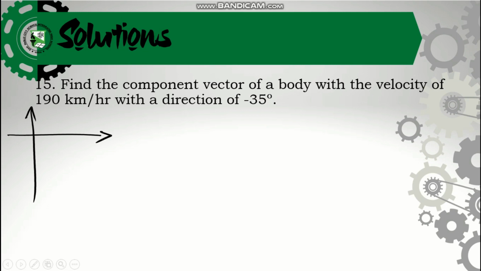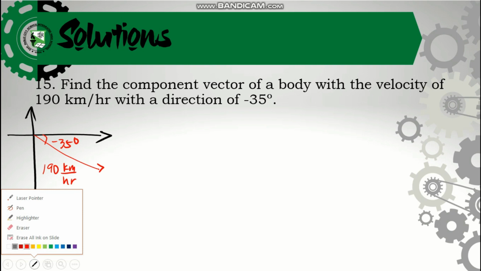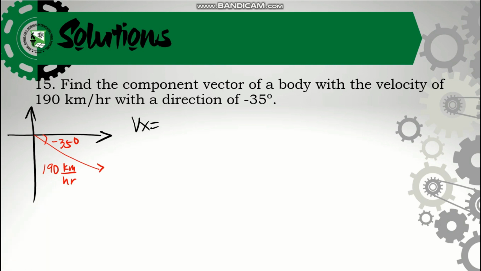And sabi ko, ang angle can be negative or positive as long as tama yung pagkakagraph mo. Ibig sabihin lang naman ng positive, negative is the rotation. Pag positive, counterclockwise. Pag negative, clockwise. That's why as you can see here, we have a clockwise rotation. That's why nasa baba yung 35 degrees. And then put the unit which is 190 km per hour.